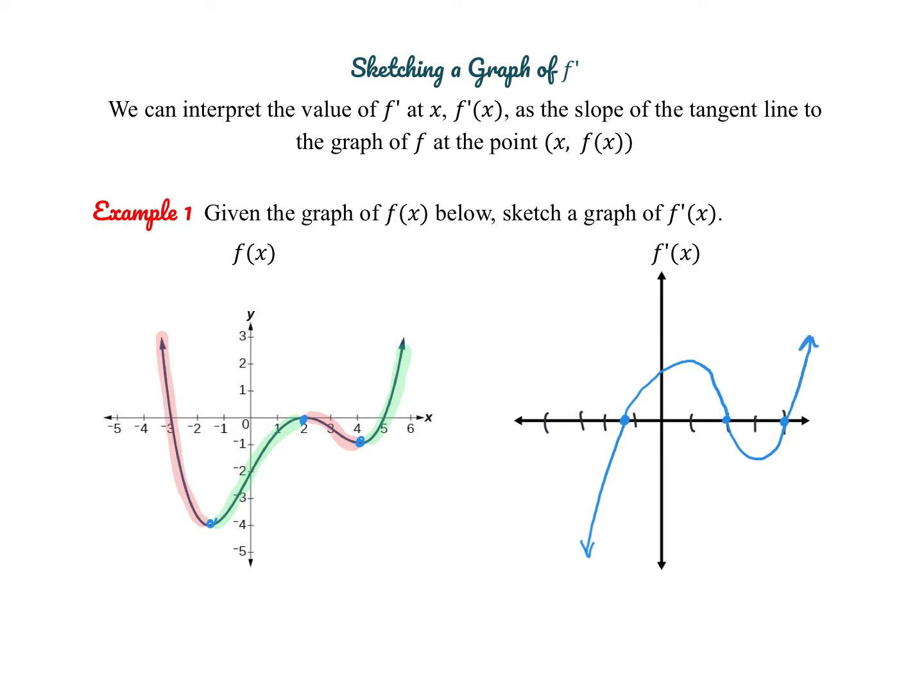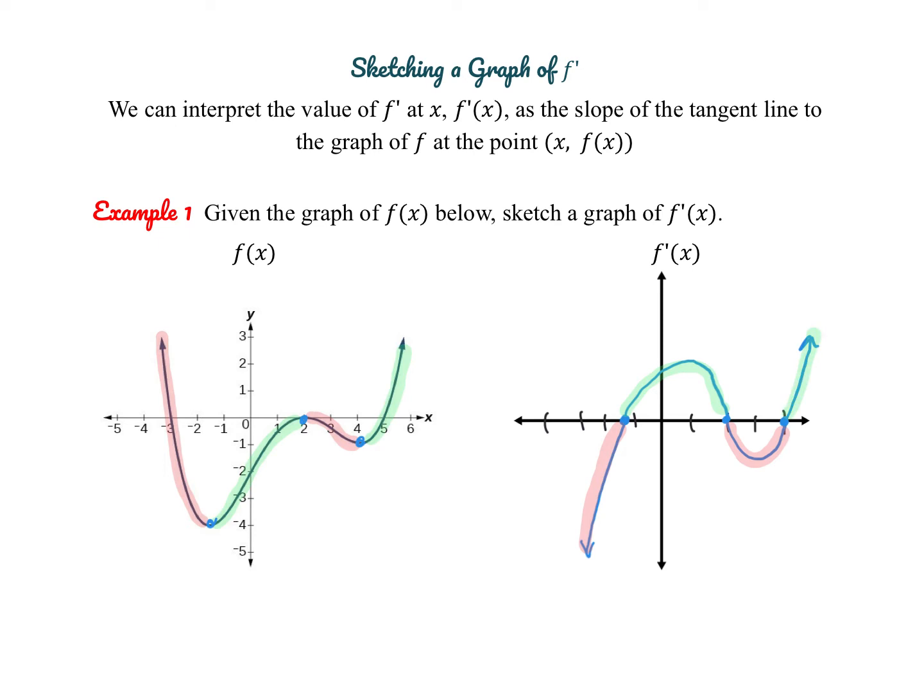So notice again where f of x is red, my graph is below the x-axis. So that was this region and this region. And where f of x is green, so where the slope is positive, f prime is above the x-axis. So that would be this region and this region.